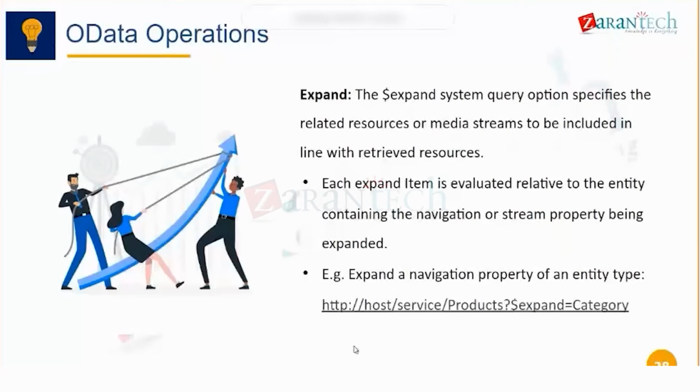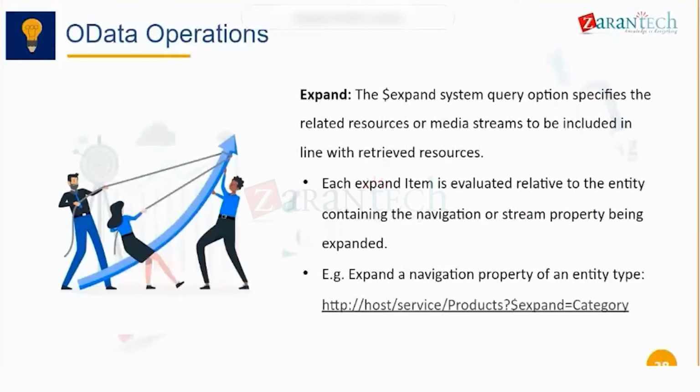The expand system query basically gives you an option to specify the related resources, like a header item followed by the line items, or the main service followed by the subcategories, to be included in line with the retrieved resources. Each expand item is evaluated relative to the entity containing the navigation or stream property being expanded.